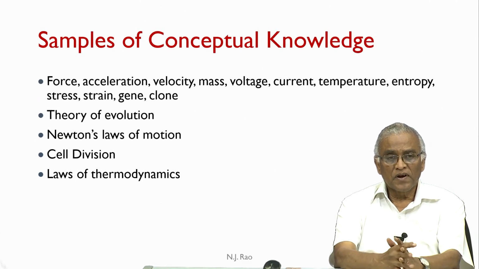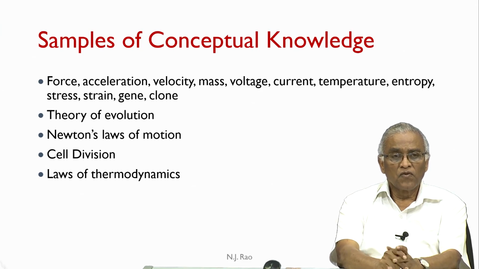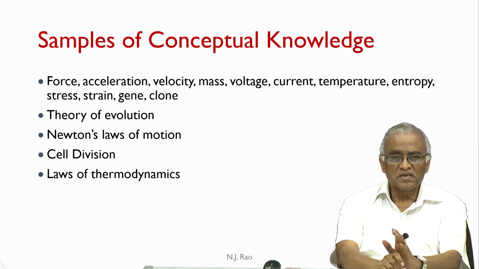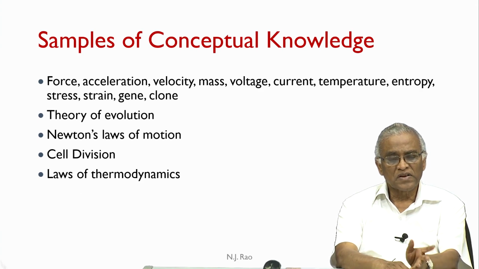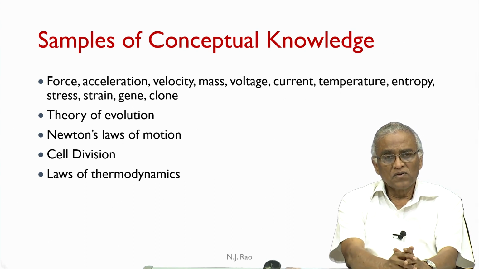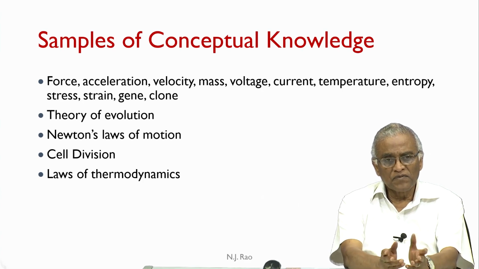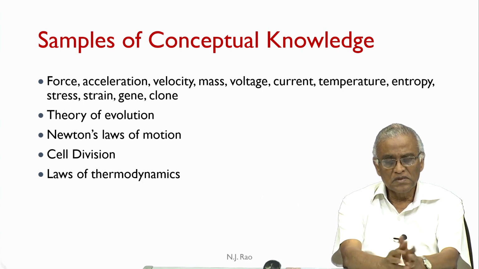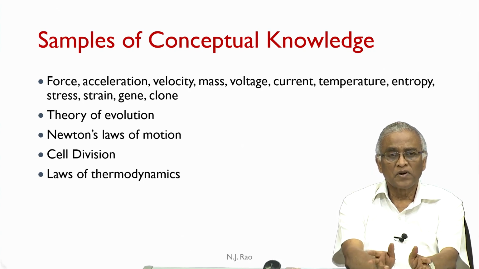Now, samples of conceptual knowledge: force, acceleration, velocity, mass, voltage, current, temperature, entropy, stress, strain, density, gene, clone. You can list any number of such concepts from all subjects. Or you can talk about the theory of evolution, Newton's laws of motion, cell division, laws of thermodynamics.